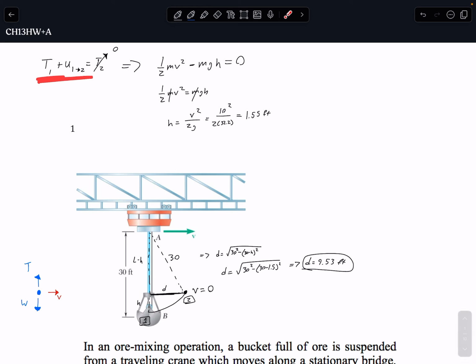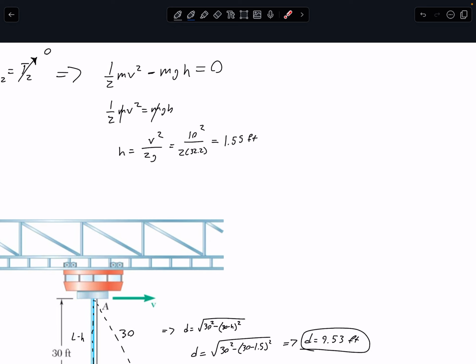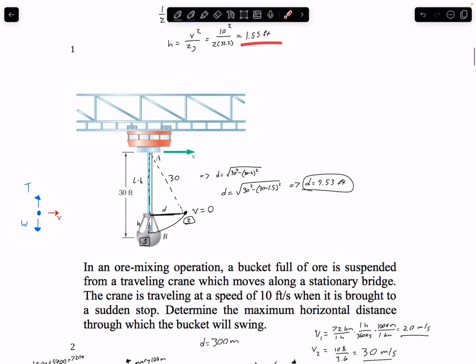So we have the initial energy. We know that the final energy is equal to 0, so the work done is all vertical to slow it down. And so we know that it's 1/2 mv squared minus mgh equals 0. A bit of algebra, the mass cancels out, and you get h is equal to velocity squared over 2g, which is equal to 1.55 feet.